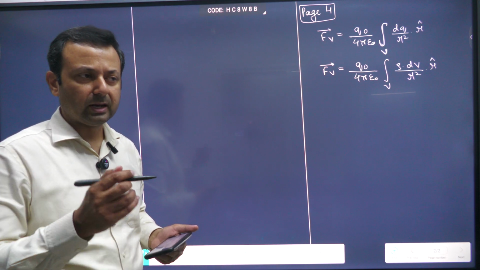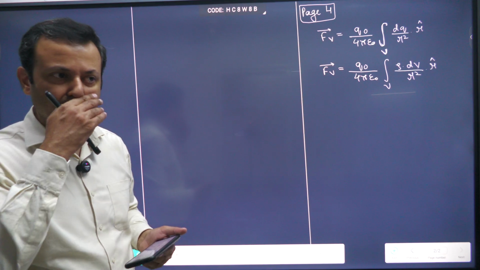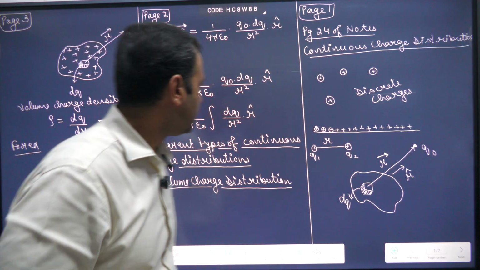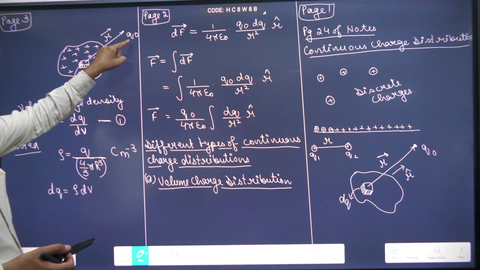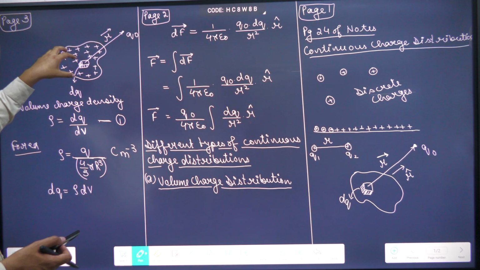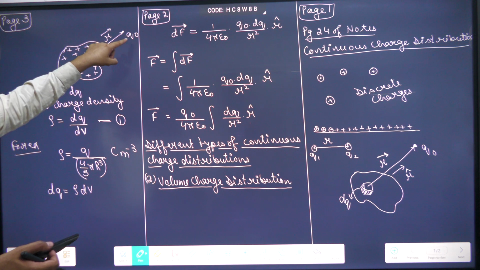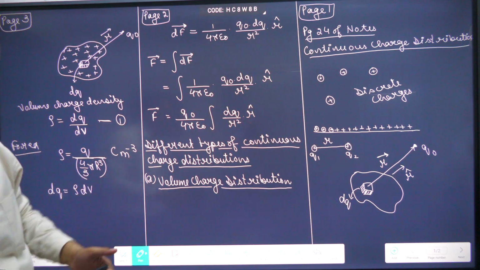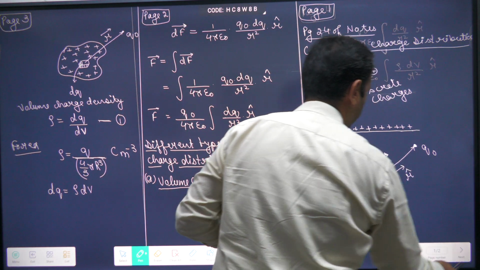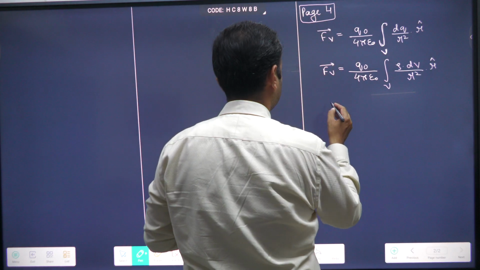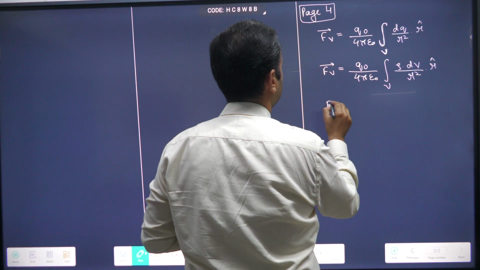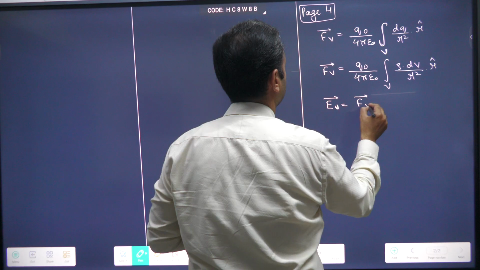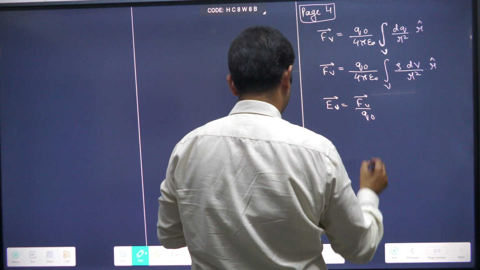Okay. Now therefore electric field due to volume charge distribution at the location of charge Q naught. What is electric field? Electric field is force per unit charge. So we are calculating force on which charge? We are calculating force on Q naught because of this entire volume. So electric field will be F upon Q naught. Electric field Ev vector will be Fv vector upon Q naught.